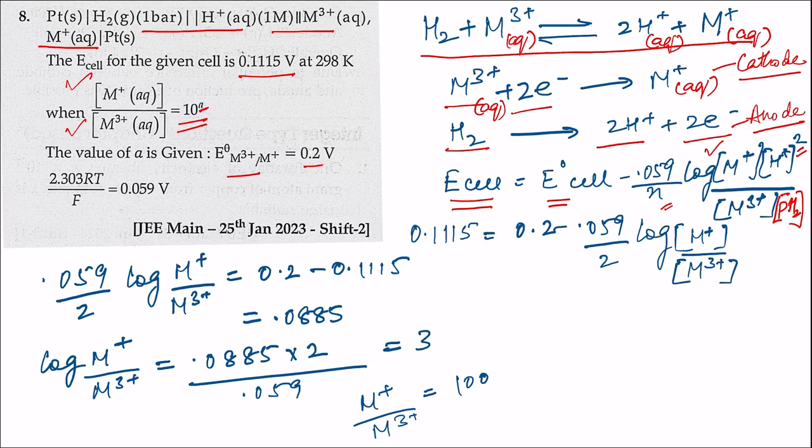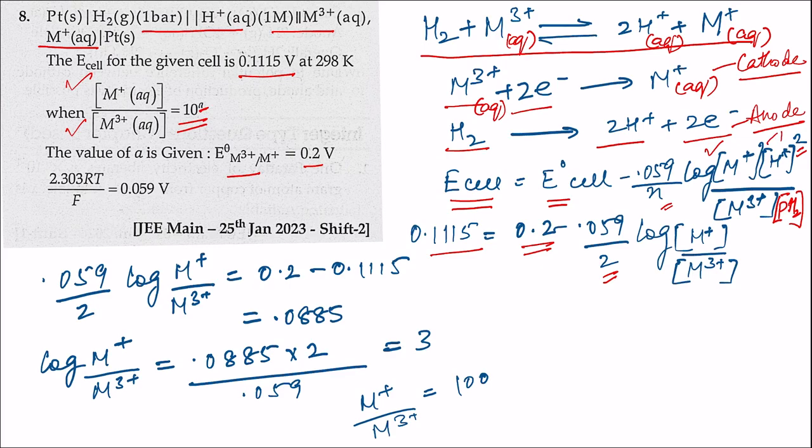So E cell is 0.1115 and E naught cell is 0.2 minus 0.059 by number of electrons involved is 2 log M plus ion, concentration of M plus ion divided by concentration of M3 plus ion. Now here the concentration of H plus ion is given as 1M. So square of the H plus ion concentration will be equal to 1.